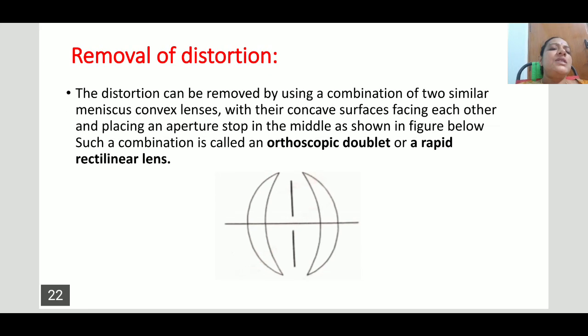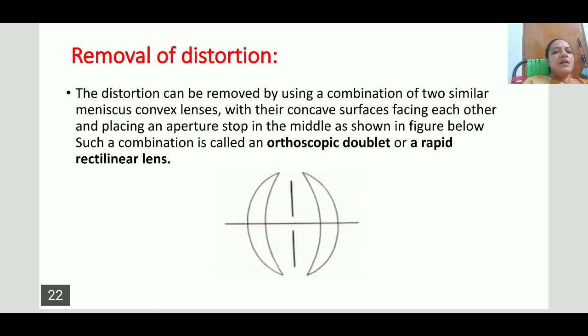We covered what chromatic aberration is and how we remove it. Next, the monochromatic aberrations: spherical aberration removal methods, coma, astigmatism, curvature, distortion.